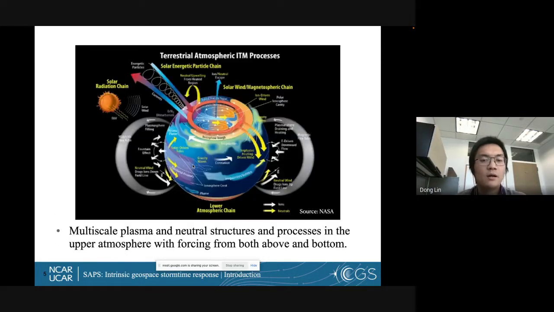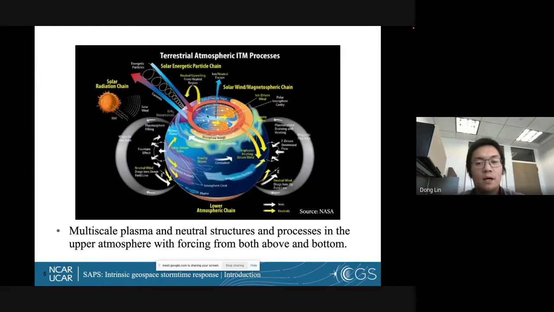So here at NCAR, the National Center for Atmospheric Research, many of us are particularly interested in the atmosphere. So the upper atmosphere of ionosphere and thermosphere consists of many plasma and neutral structures and processes across a broad range of spatial and temporal scales.